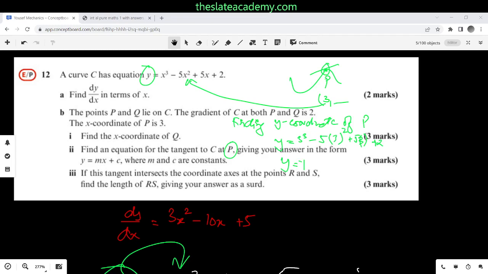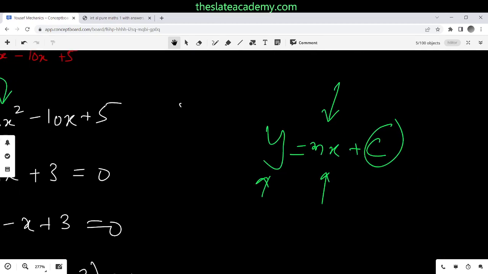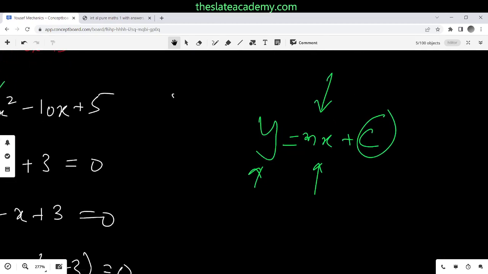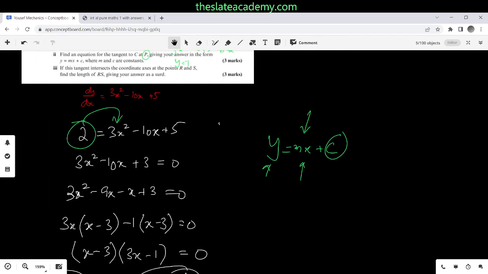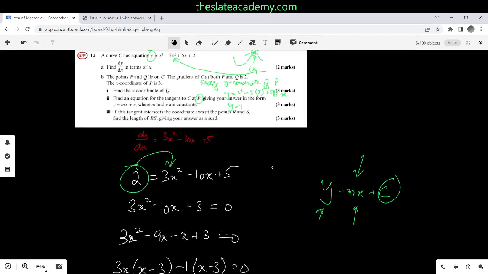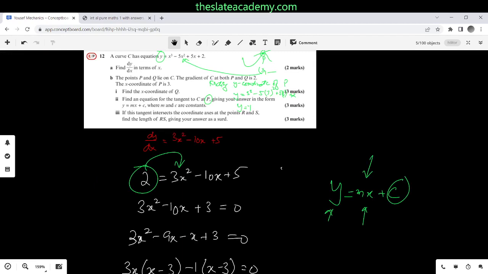And now I need the equation in the form y is equal to mx plus c. So m I know, m is how much? The gradient is 2. The gradient of the curve at any point is the gradient of the tangent. The gradient of C at point P and Q is 2. It's given over here.